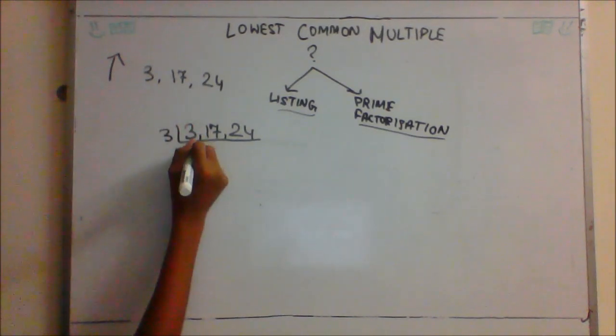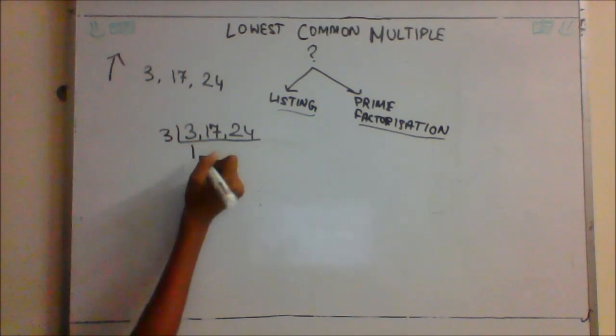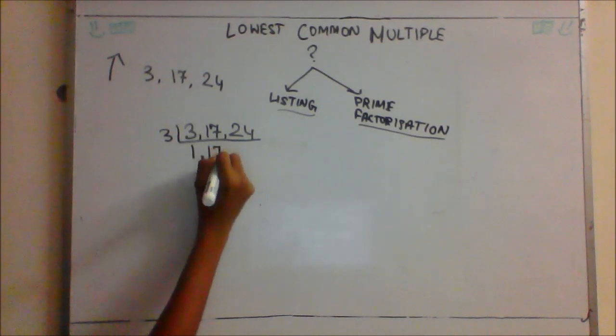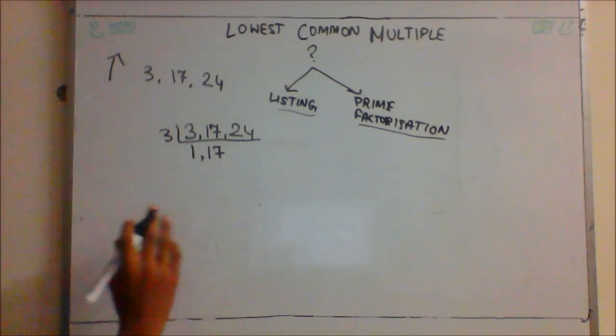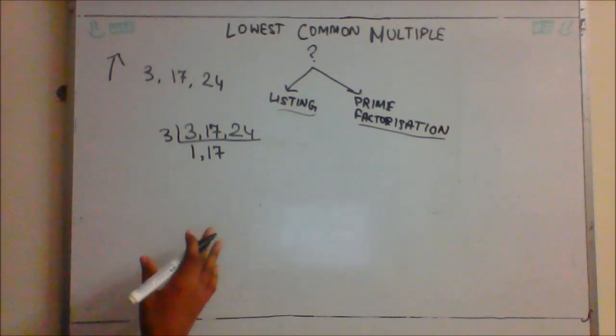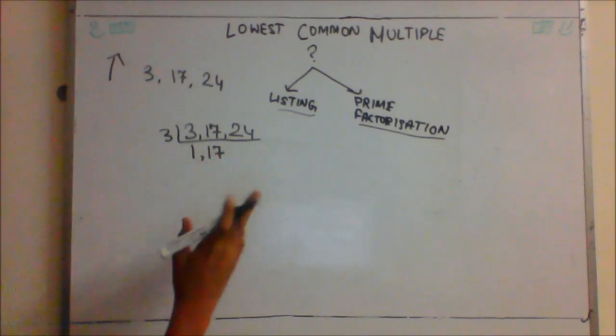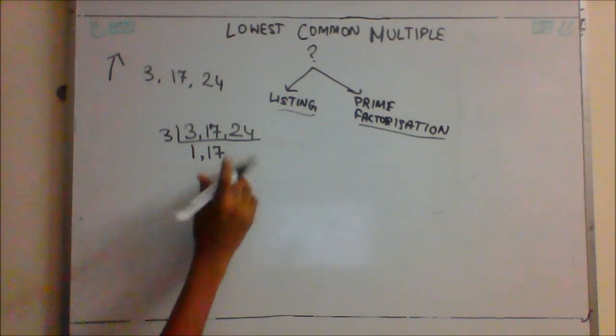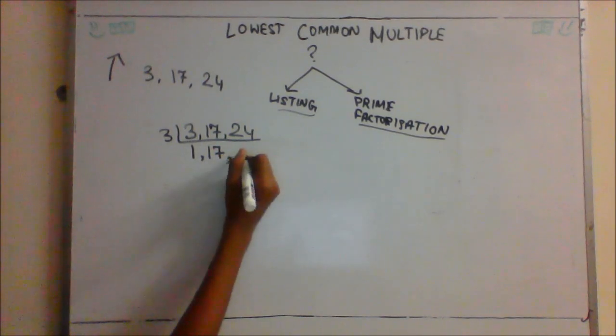In this case, 3 is divisible by 3. 17 is not. So we just carry down 17. You don't do anything of it. You don't write 5 and take 2 remainder, carry it over, nothing. Because all these three numbers are not related to each other. And then again 8.